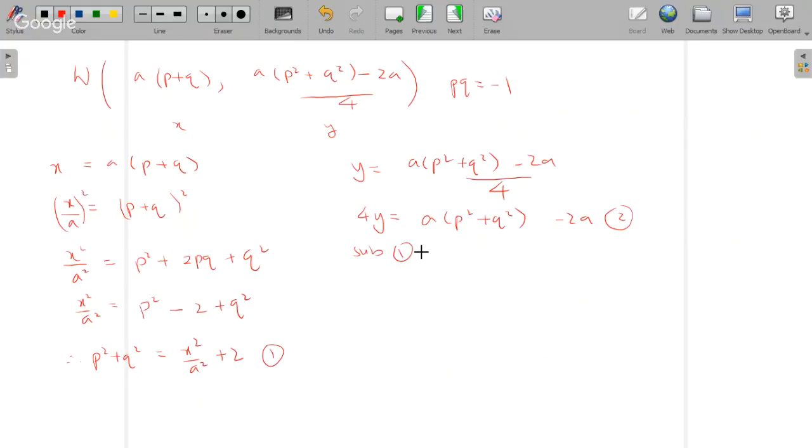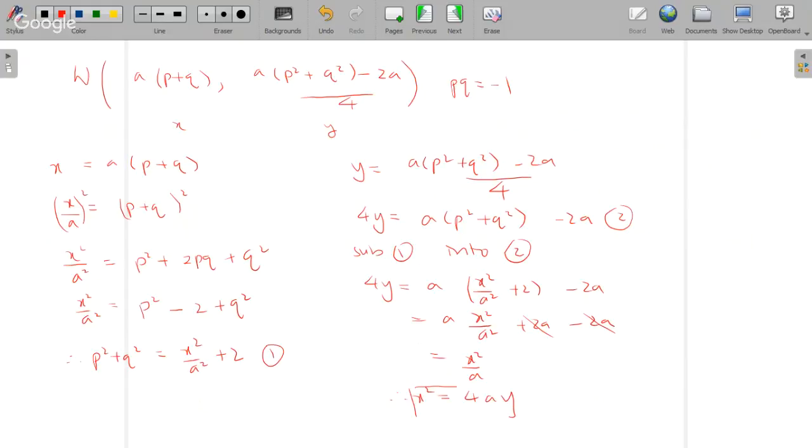Sub 1 into 2. And then the 2a cancels out. Right, so therefore x² equals 4ay.